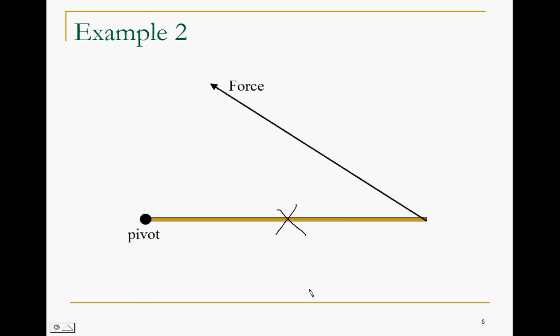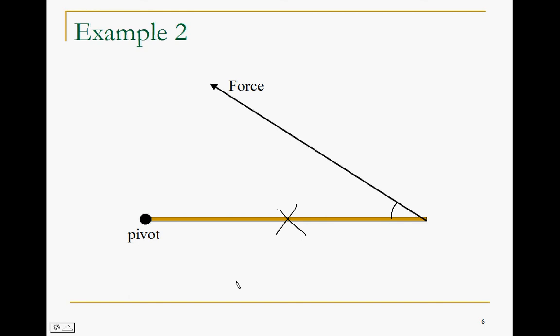It is the same reason as the previous example. This angle has to be 90 degrees, whereas in this case, it is not 90 degrees. So the distance of this rod is not the perpendicular distance that you can use to calculate the turning effect of this force about the pivot.